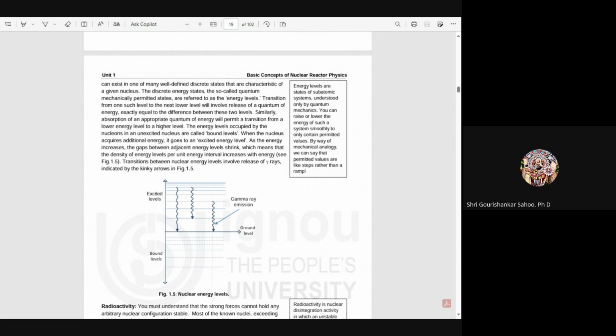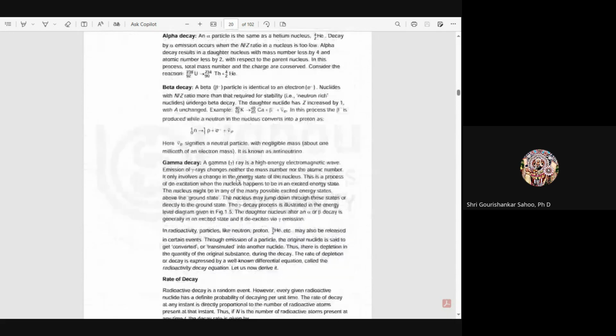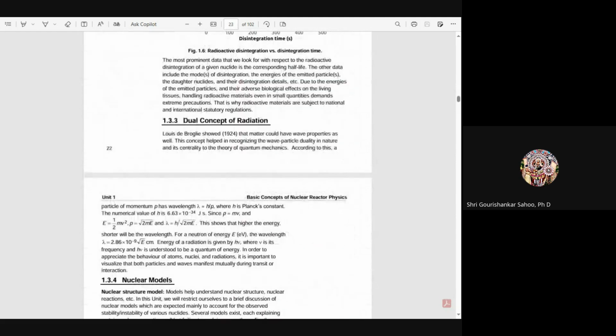You can raise or lower the energy by certain permitted values. Then your nuclear decay, mean life, half-life, and so on and so forth.